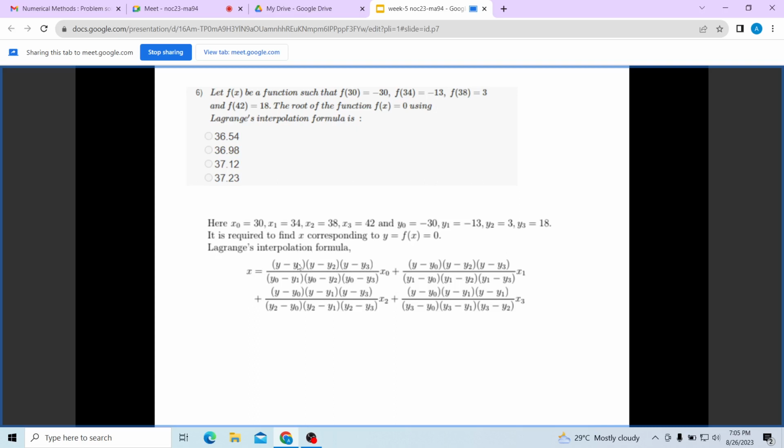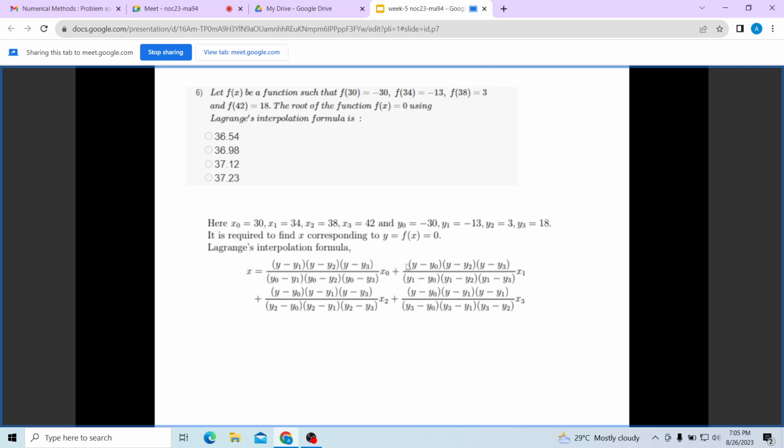So you will get y minus y1 into y minus y2 into y minus y3, since we have the values up till y3, divided by y naught minus y1 into y naught minus y2 into y naught minus y3, into x naught.